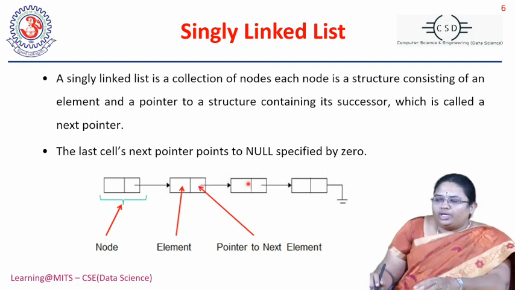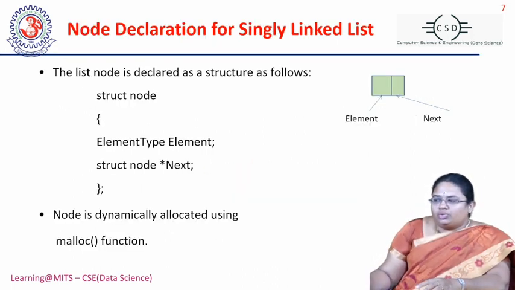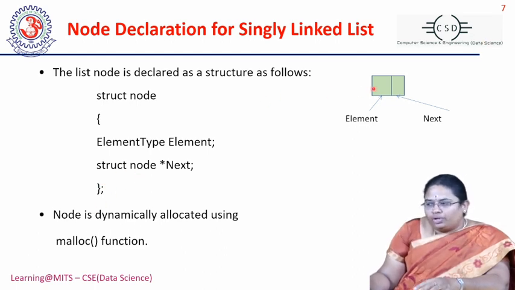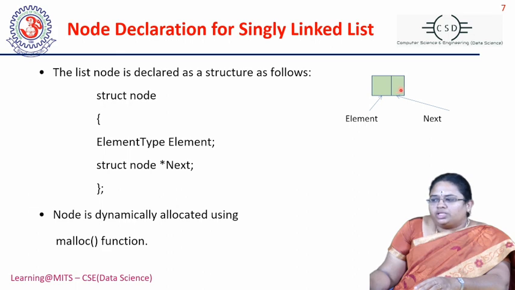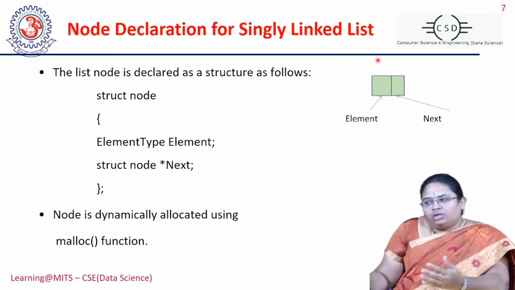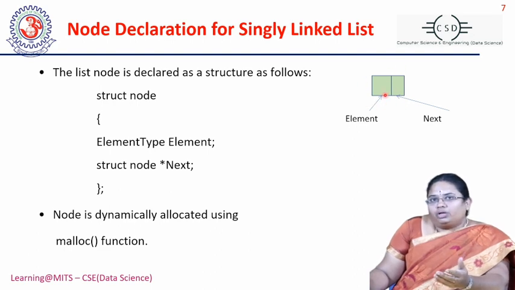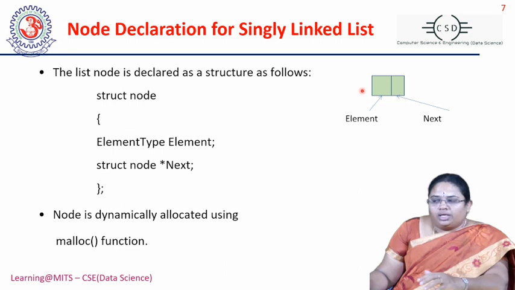Let's see how to declare a node. Since a node contains an element field and a next field containing the address of the next node, we have to merge these two. We know a structure is used to store variables with different data types. Here we have an element that may be of any type.